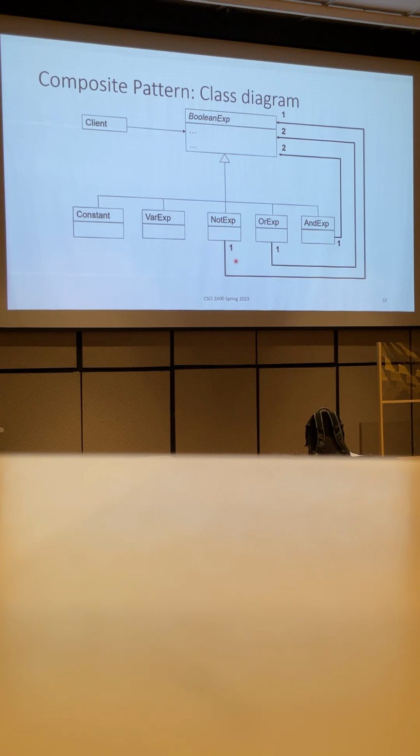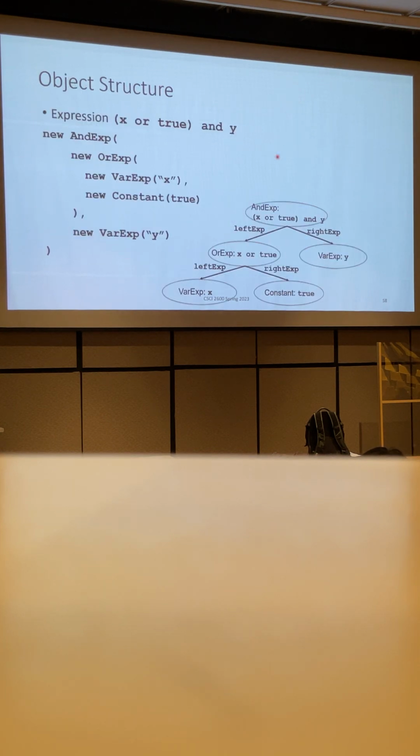Not expression has one sub-expression because it's unary, or and and have two sub-expressions because they are binary, so we have 2 here for the cardinality. Those are composite objects, those are non-composite atomic. So if we represent the object structure with an organizational chart, or a tree, right?